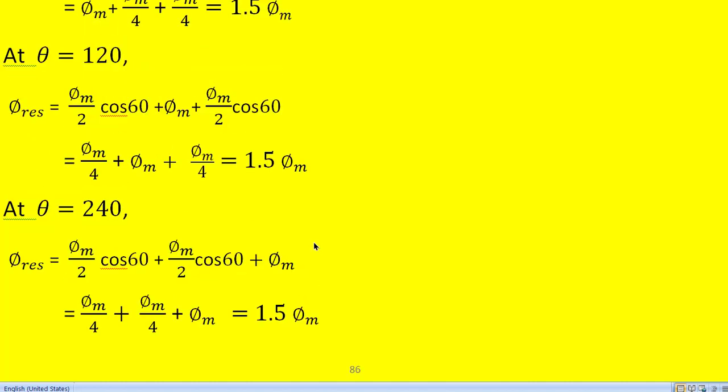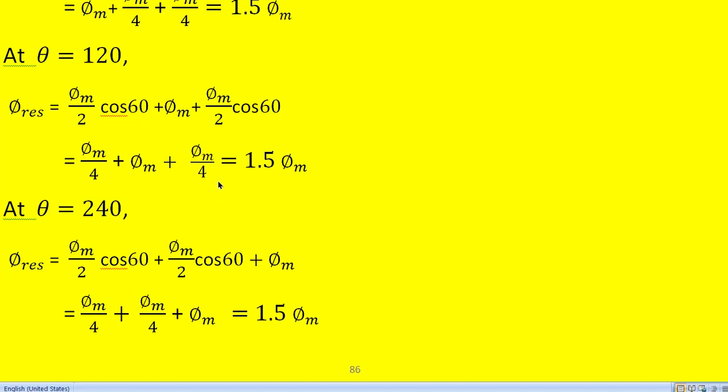So this shows that at whatever angle we take, the resultant flux value is the same, that is 1.5 times the maximum flux of each phase, that is 1.5 phi m here, here, here. Even if you take 20 degrees, 30 degrees, 40 degrees, 50 degrees, 60 degrees, 80 degrees, whatever angle you take, up to 360 degrees, we get the same resultant flux.